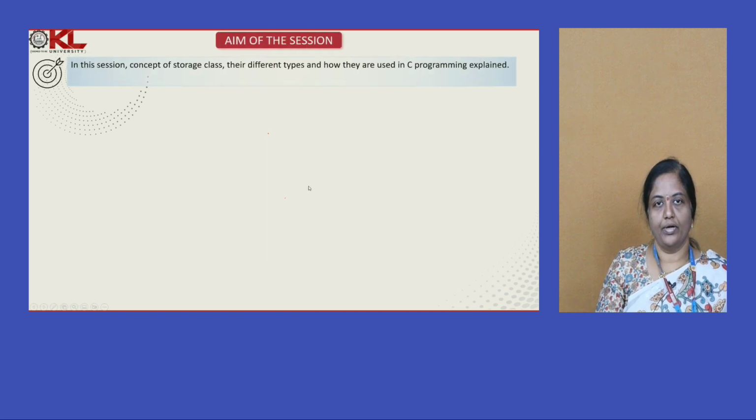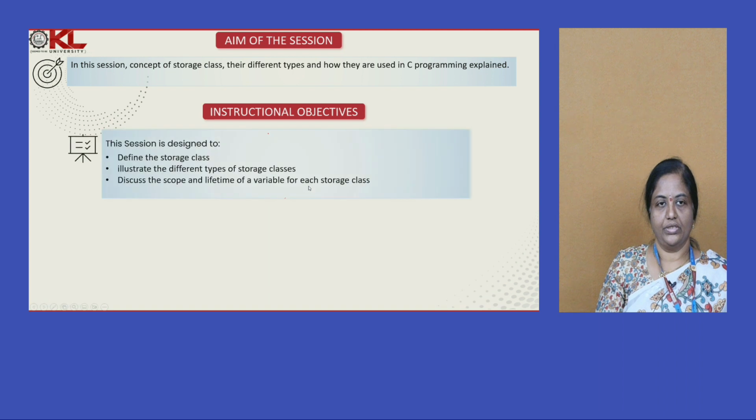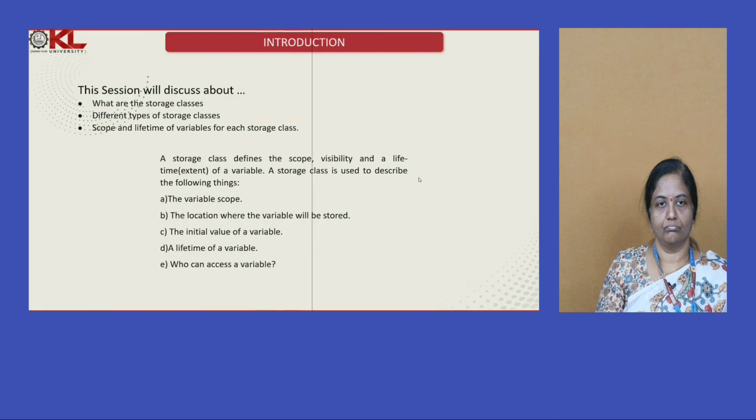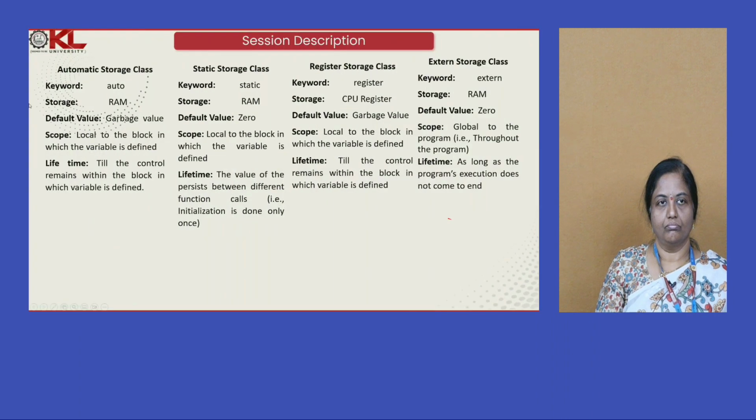So there are 4 types of storage classes: automatic storage class, static storage class, register storage class, and external storage class. The keywords for these storage classes are auto, static, register, and extern.